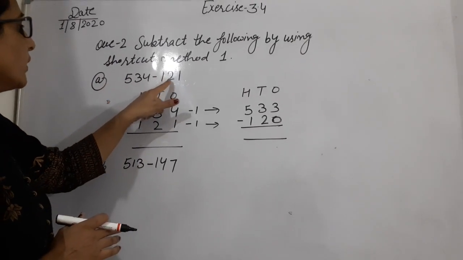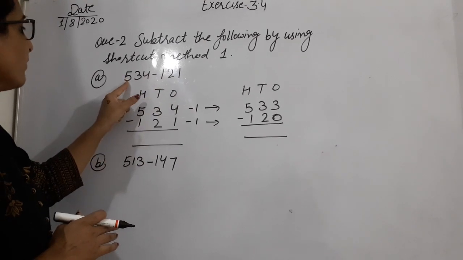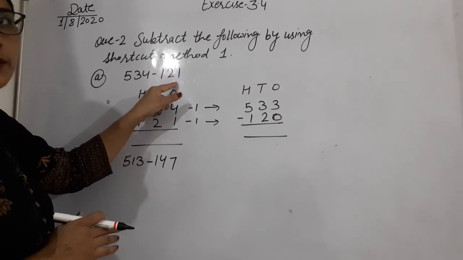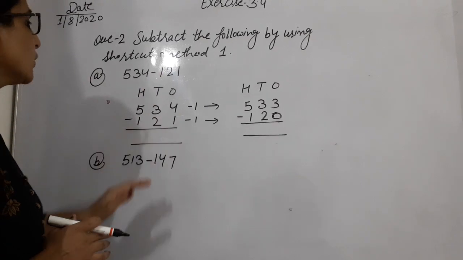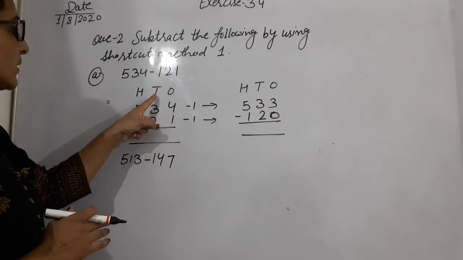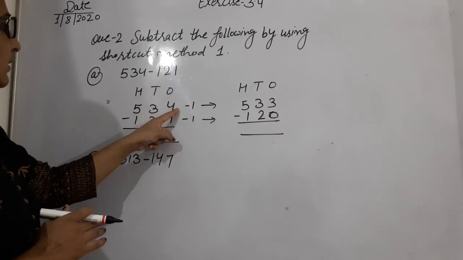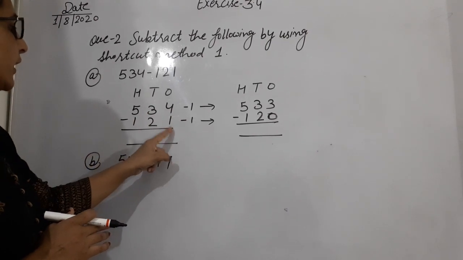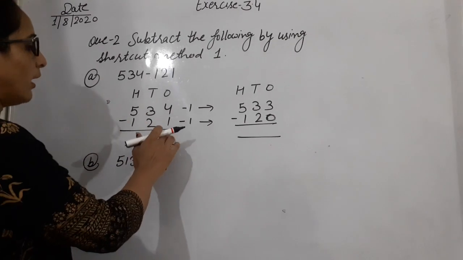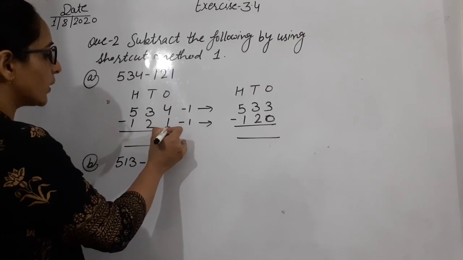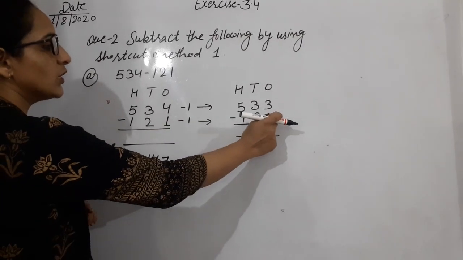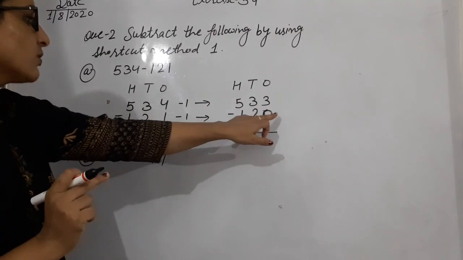534 minus 121. From 534, we subtract 121 here. Firstly, write in columns. Write the places: ones, tens and hundreds. 534 minus 121. Clear? So how do we do it? We convert this one to end by 0. Clear? So how do we get 0 here?